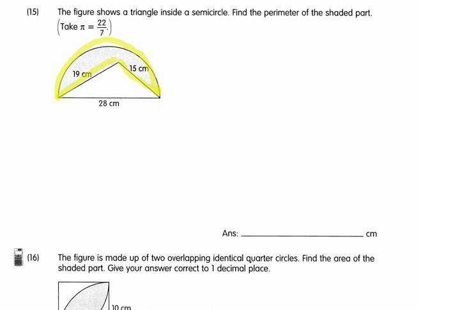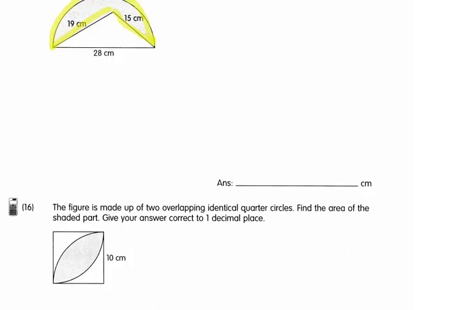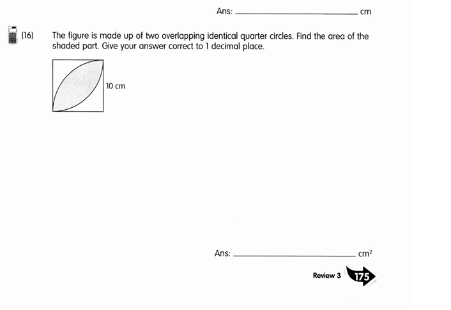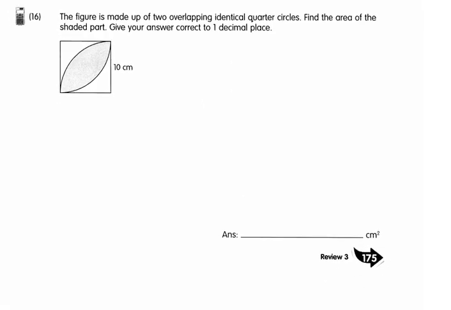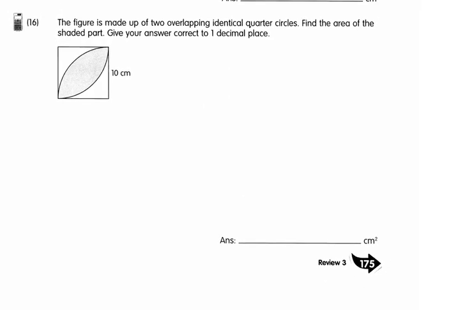Then question 16. Okay, let's go through question 16. This is the one that I was telling you about. This is the shape of a leaf, right? Now let's recap. Previously I told you, let's say if I got a square, and I've got a quadrant inside the square.